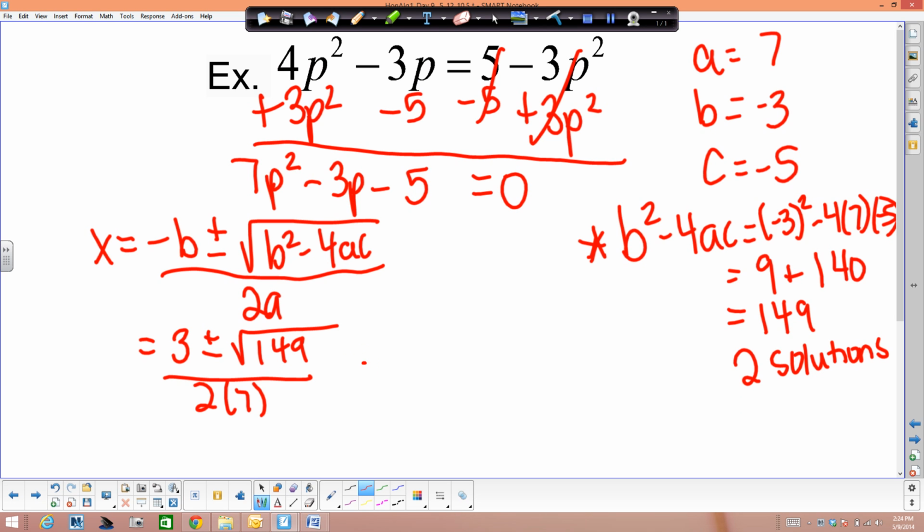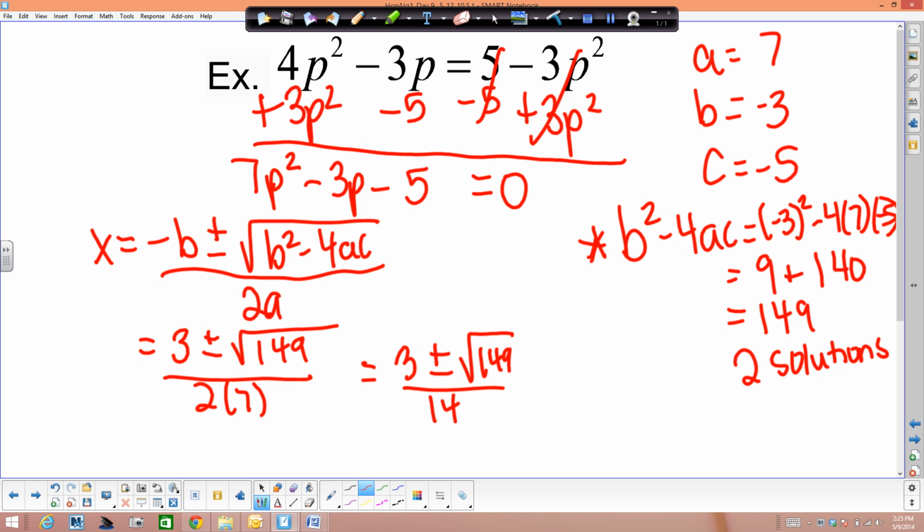And so if we work this out, 149, I believe, is not able to be broken down and simplified, but you can see if you can figure it out. Maybe I'm wrong. So then we'd have 3 plus or minus the square root of 149 over 14.